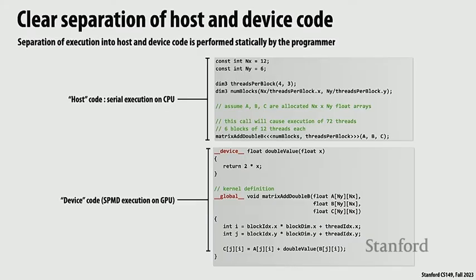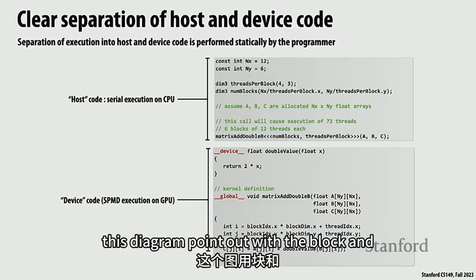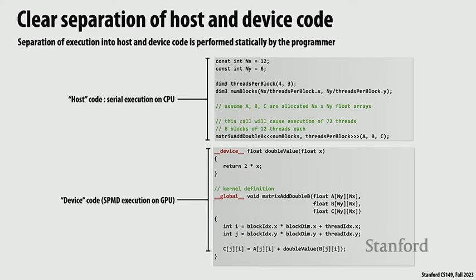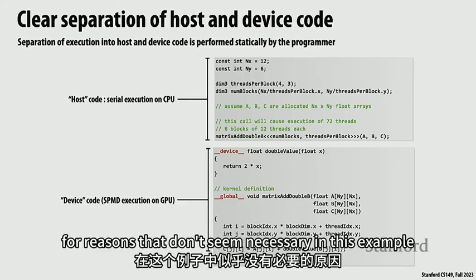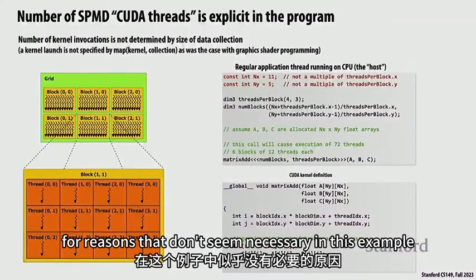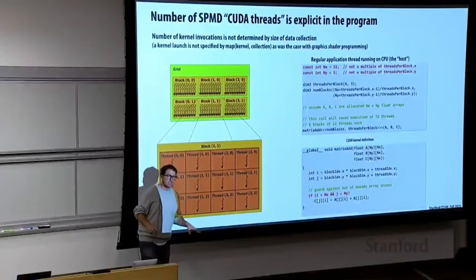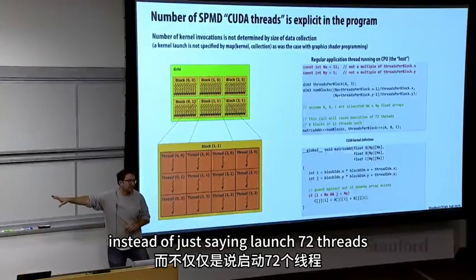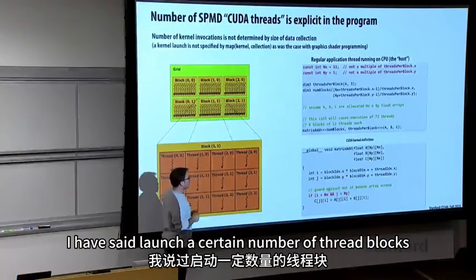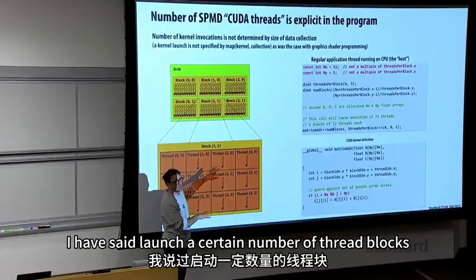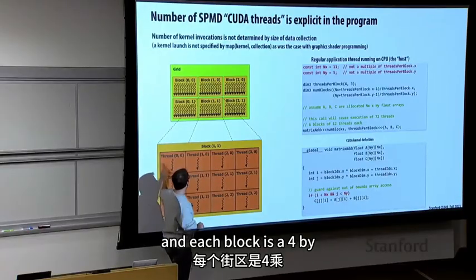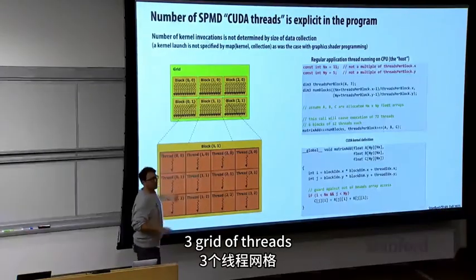Yep. Can you, in the previous diagram, point out what the block dimension is? Yeah, sure. So for reasons that don't seem necessary in this example, I have organized my code. Instead of just saying launch 72 threads, I have said launch a certain number of thread blocks, and each block is a 4x3 grid of threads.